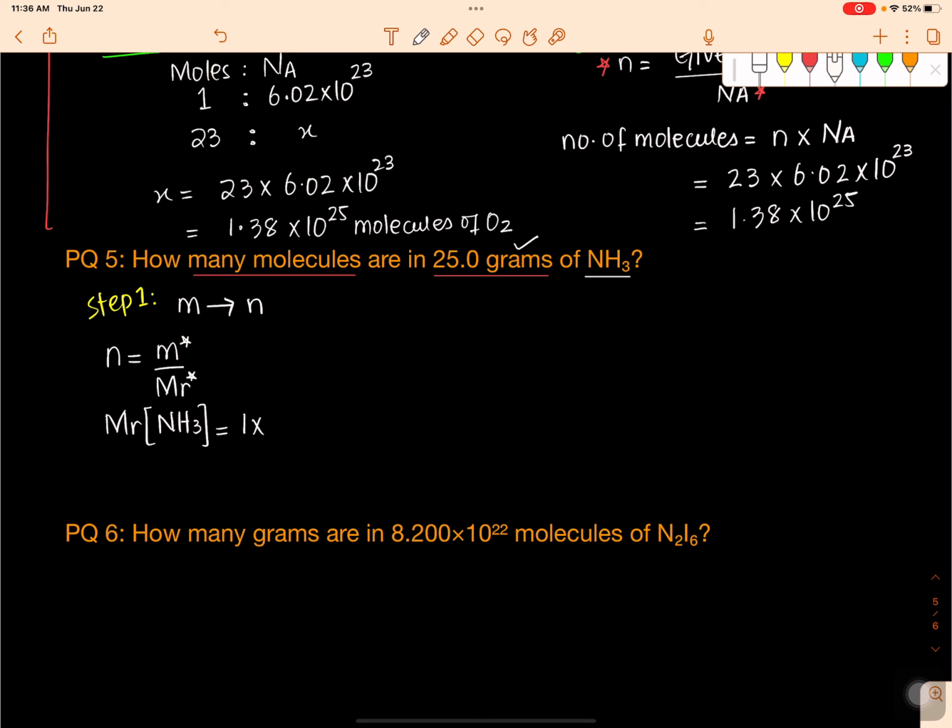So 1 cross the atomic mass of nitrogen, which is 14, plus 3 cross the atomic mass of hydrogen, that is 1. So 14 plus 3 comes out to be 17 grams per mole.